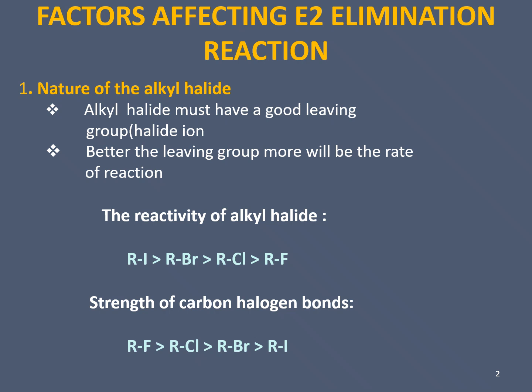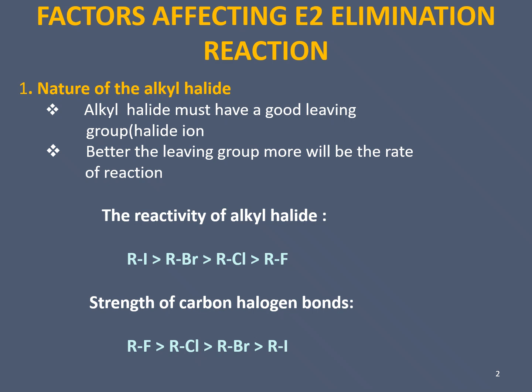If we consider alkyl halides, the strength of the carbon halogen bond is highest for alkyl fluoride, because the carbon fluorine bond is very strong, but the strength is least for alkyl iodide, because the carbon iodine bond is very weak in that case.